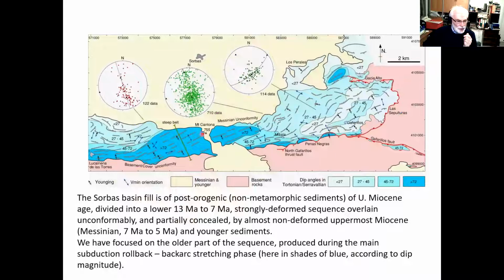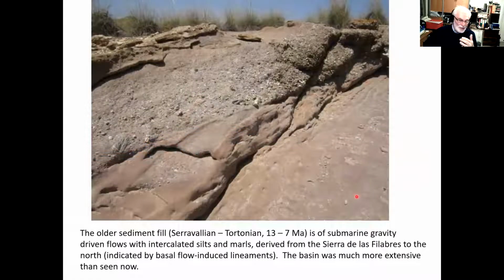So this is a part of the exposed Tortonian sequence with the basement rocks lying to the south, and the yellow stuff is that Miocene material which is unconformably overlying, with marked unconformities, you can see here. And these rocks are quite strongly deformed, and they were deposited in a very, very tectonically active environment because they are basically a sequence of quite dramatic gravity flows, turbidity current flows, with very, very spectacular developments of graded bedding.